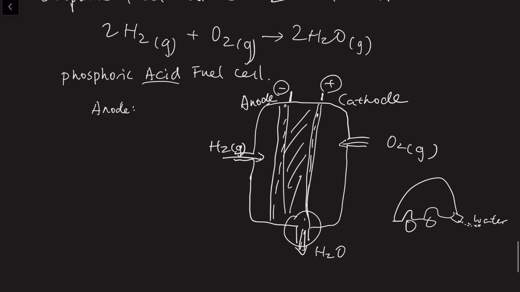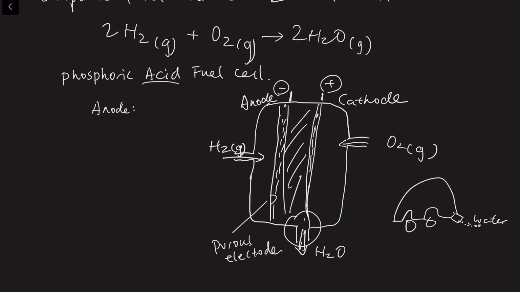So why do I draw this little dot here? This is to emphasize that we have a porous electrode. Because we are dealing with gas here, we really need a very large surface area. And those holes need to be lined with catalyst in order to increase the rate of reaction.